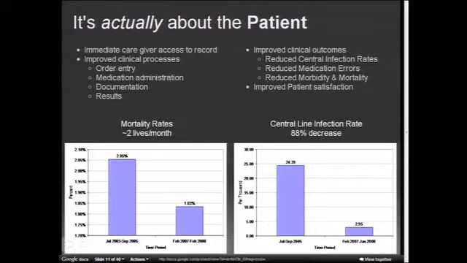Within a hospital, there are many stakeholders. There's the physician, there's the nurses taking care of the patient, there's social services, the dietitians, the quality assurance department, respiratory therapy. They may all need access to a patient's record at the same time.